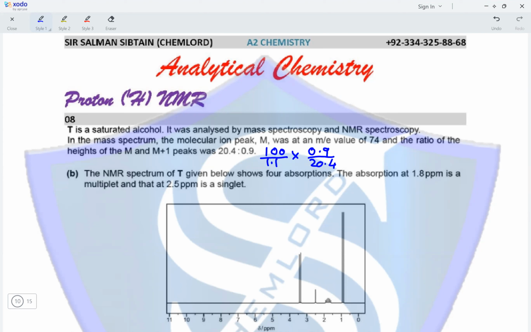So this would give us a total number of almost 4, because we round the value to the nearest whole number, 4 carbon atoms. So a total of 4 carbon atoms are present in our saturated alcohol, which means there are only single bonds present. And the number of environments seen are 4.